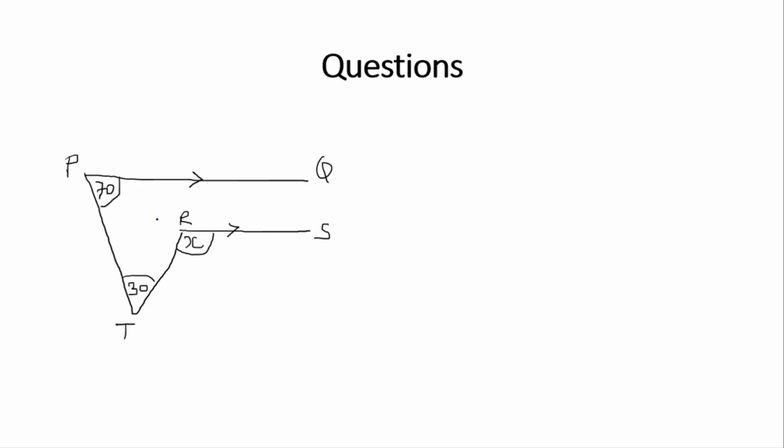The next question says that we are to find the value of this x. Now we're going to do something very simple here. Anytime you are given parallel lines and you cannot get the complete understanding easily, you just try to extend the line and solve for whatever you know. And so we can extend the parallel lines.